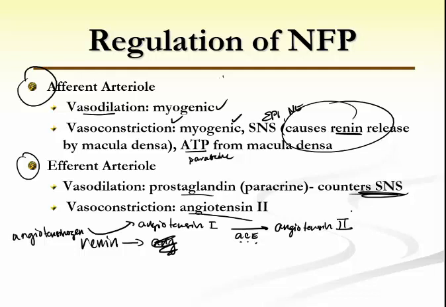And angiotensin II is a powerful vasoconstrictor. That's going to limit the amount of blood out of the glomerulus, which raises the pressure in the glomerulus, keeping adequate exchange at the glomerulus for filtration.